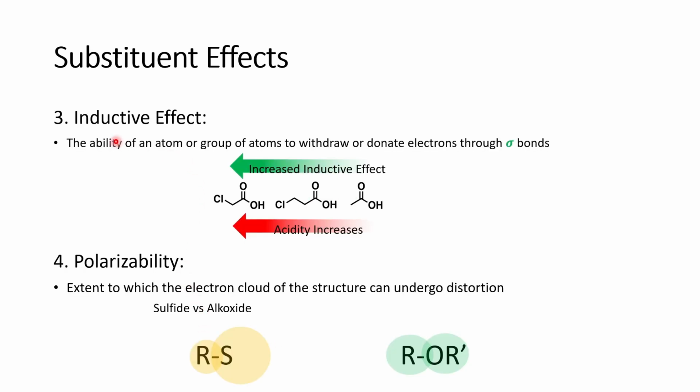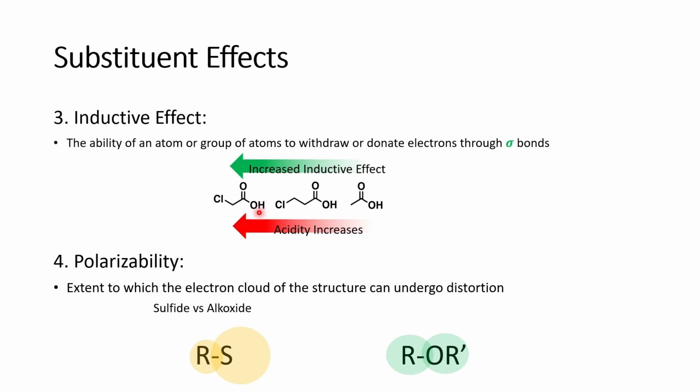The third effect is the inductive effect. This effect is somewhat similar to resonance, but there's a major difference, because the inductive effect is the ability of an atom or group of atoms to withdraw or donate electrons through sigma bonds. If you have a highly electronegative atom next to a functional group, this can draw electrons towards the electronegative atom, and because of that we can have an inductive effect.